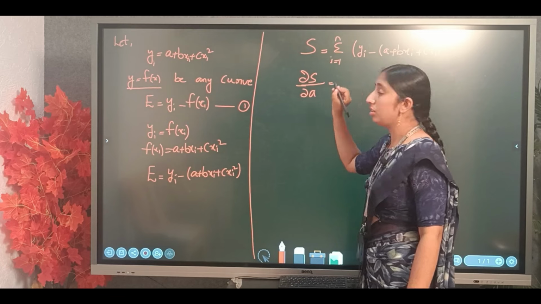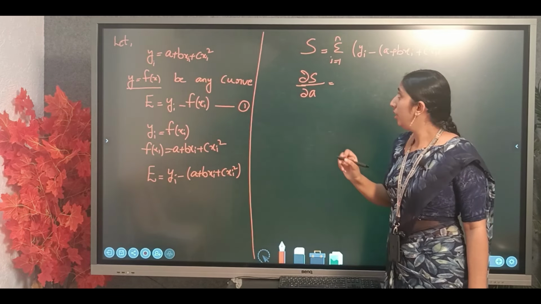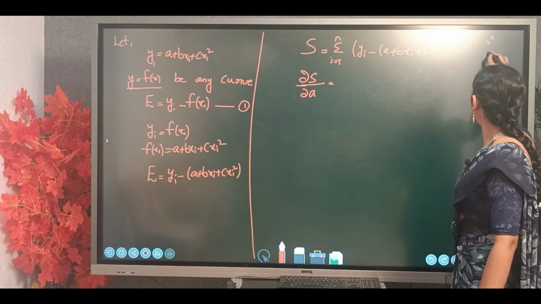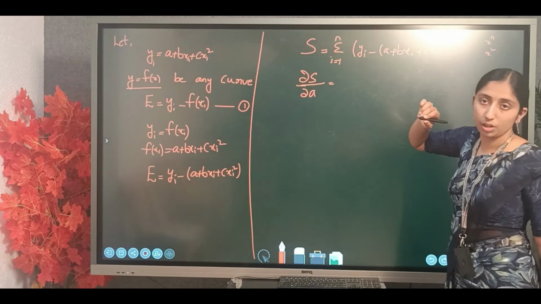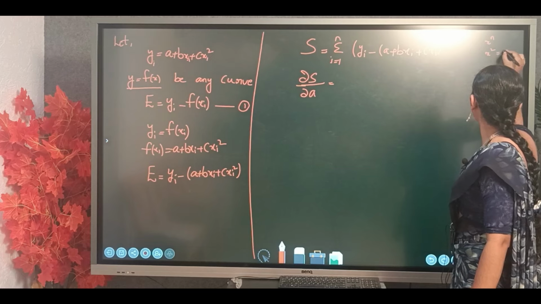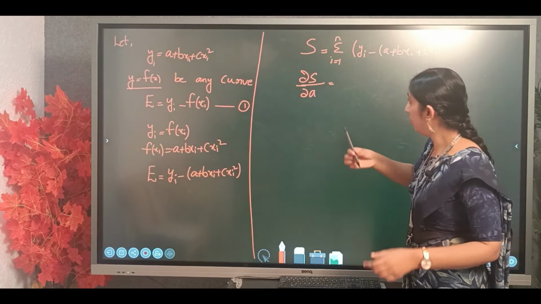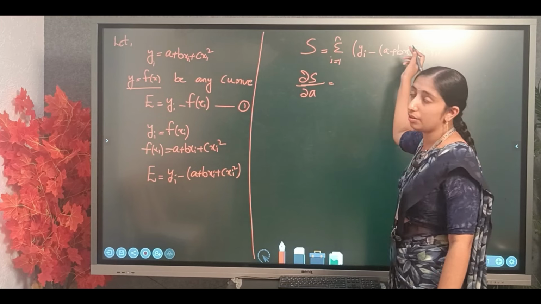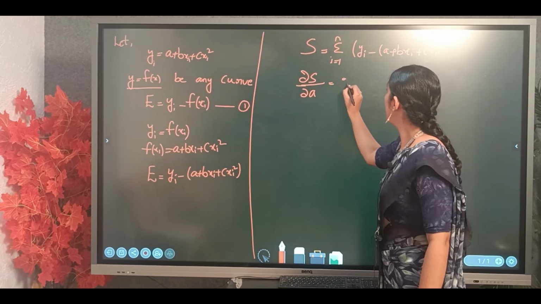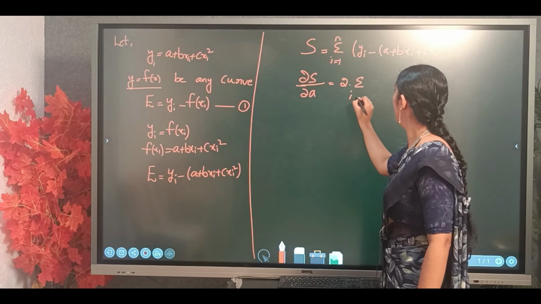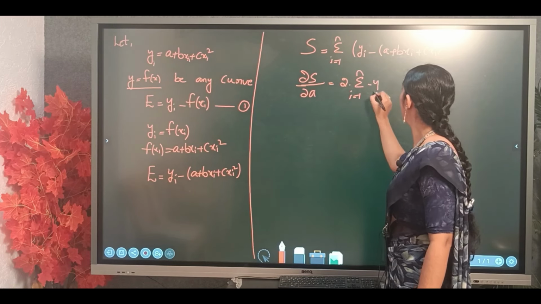That is dou S by dou a. It is in the form of x power n, or you can consider x square. So what is the derivative of x square? 2x. By using that formula, now we are going to solve this. So you put 2 here as it is, with the function summation i is equal to 1 to n.